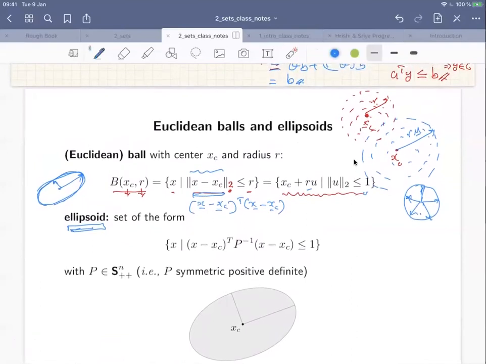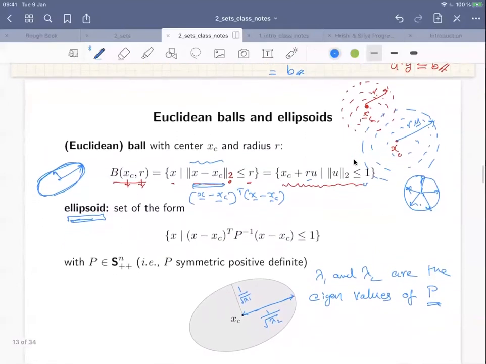We are not going to prove it, but we can easily prove that the length of the semi-axis of the ellipse will be 1 by root lambda 1 and 1 by root lambda 2, where lambda 1 and lambda 2 are the eigenvalues of P.